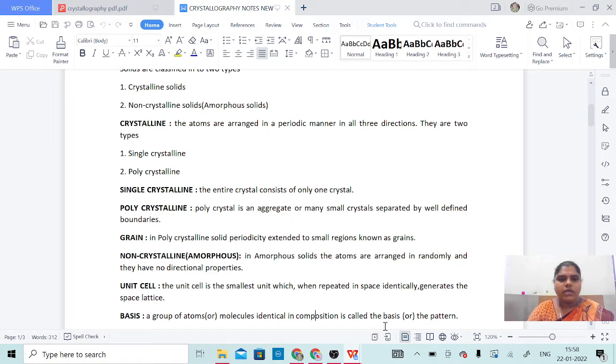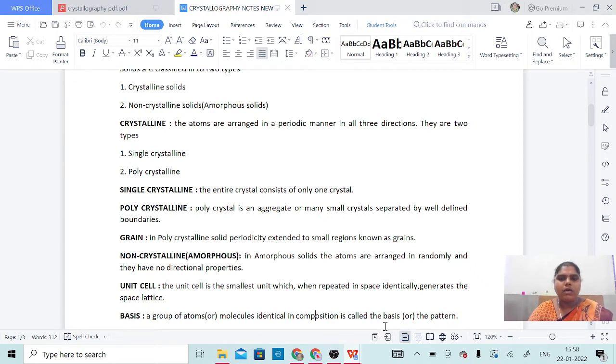A single crystal means the entire crystal consists of only one crystal structure. A polycrystal is an aggregate of many small crystals separated by well-defined boundaries.